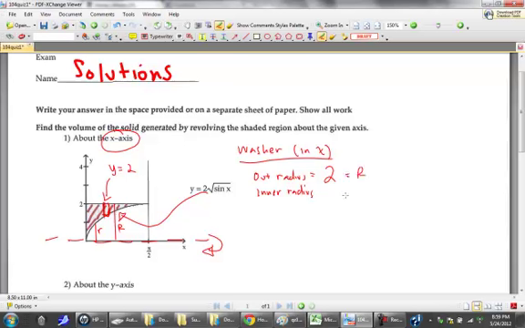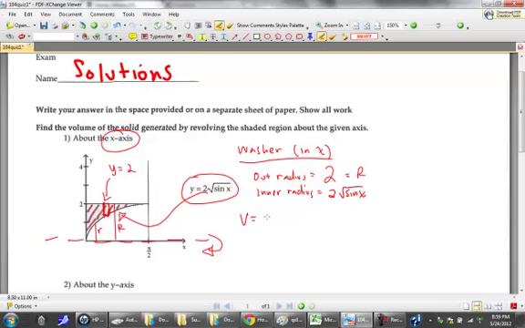Lowercase r is going to be the distance up to the function. And that distance is y, the distance off the x-axis, but you can't use y since you're in terms of x, so we call it 2 times the square root of sine x.